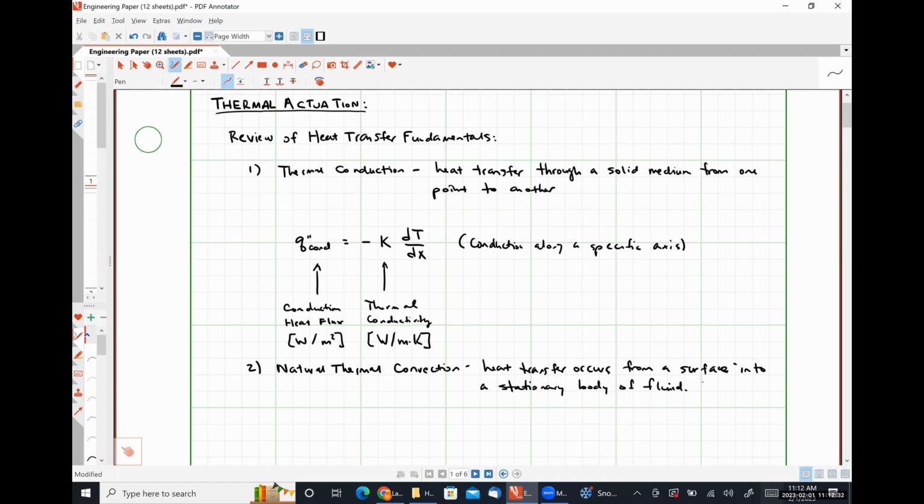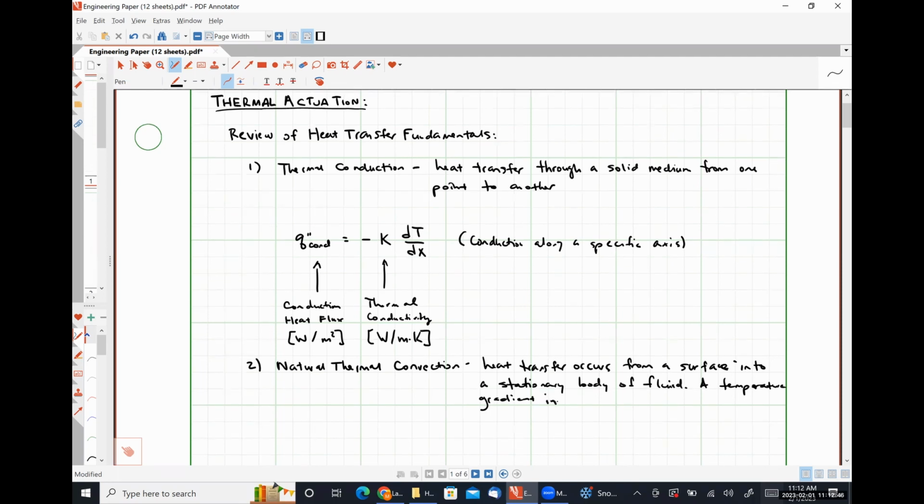So a temperature gradient in a fluid induces local flow movement through buoyancy.